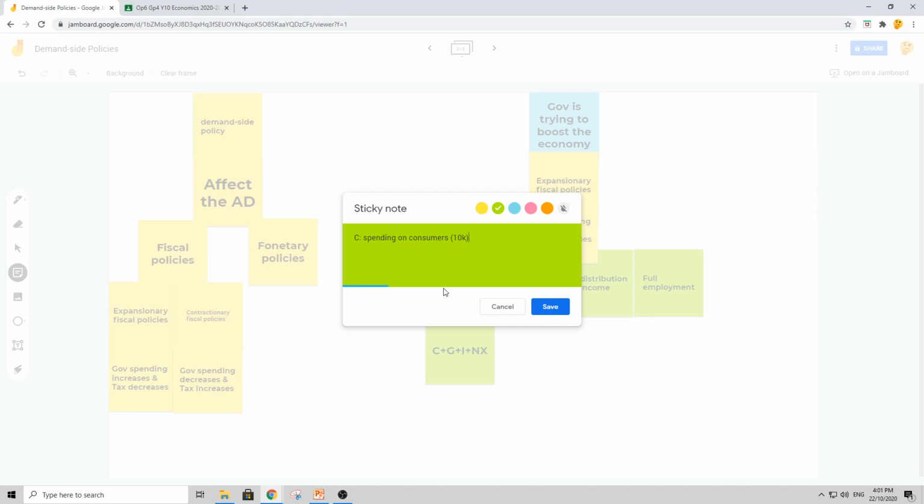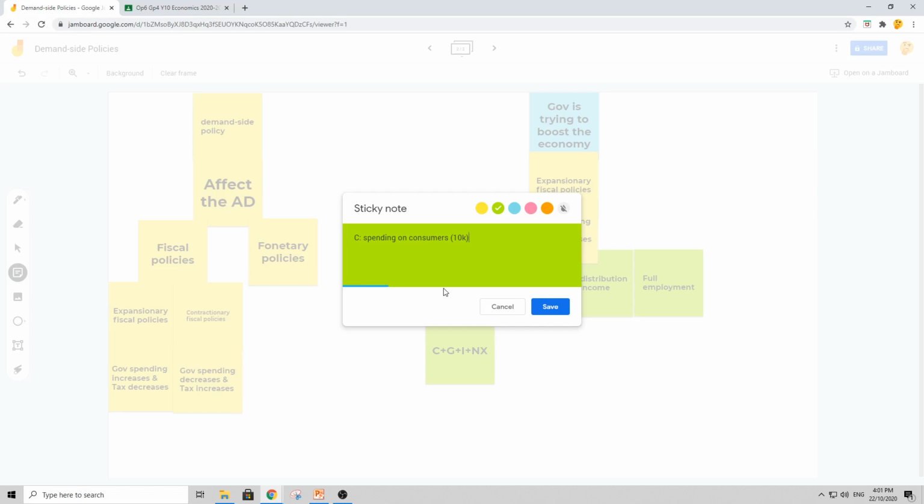So it's all about consumer confidence at this point. If the consumers don't feel confident, they're not going to spend. If they're not spending, GDP is not going to grow. So sometimes we also need to put some psychological aspect into our thinking. That's a good question.